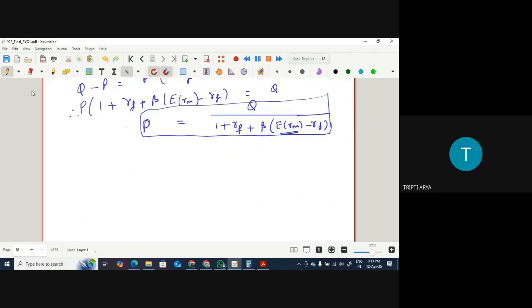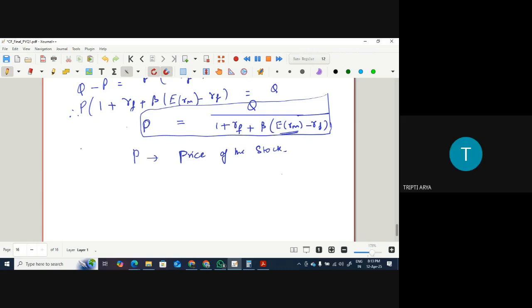Sir, I have a doubt. In this question, how do we identify if they are giving the ERI or the Q? See, both are expected rates of return, right? No, this P is not expected rate. P is the price of the stock. Q is an opinionated or expected price of the stock in future.